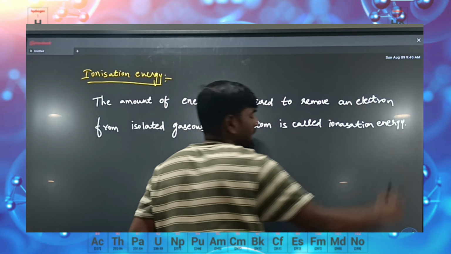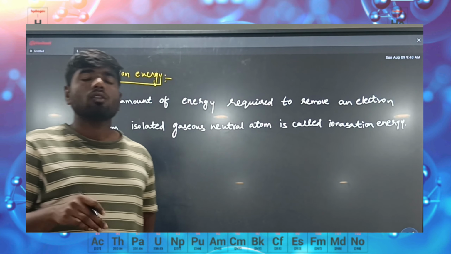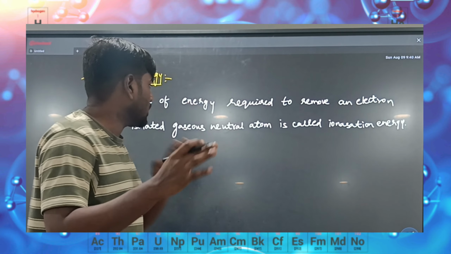The amount of energy required to remove an electron from the outermost shell.